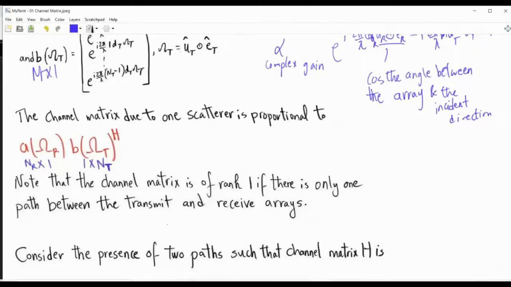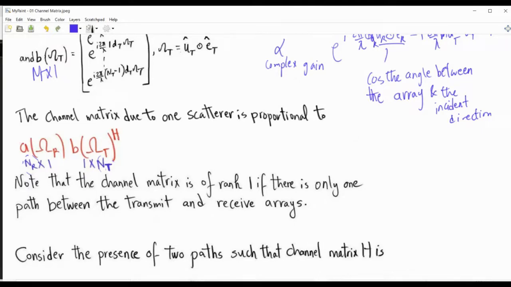And as you can see, if you have just one single scatterer, no matter the values of NR and NT, the rank is 1, right? Because again, you have a product, and these dimensions can be huge, but this is not a guarantee.